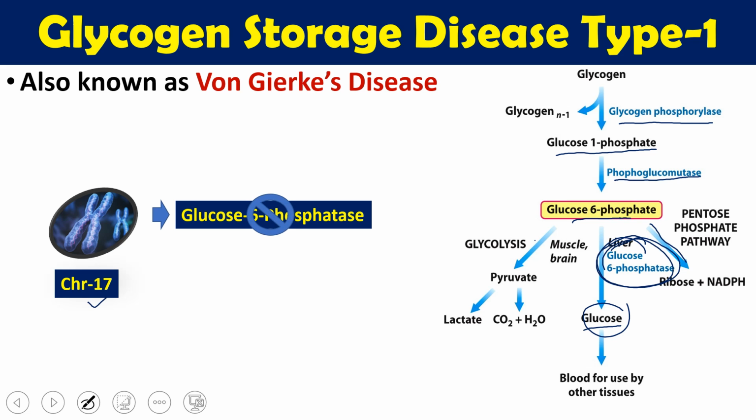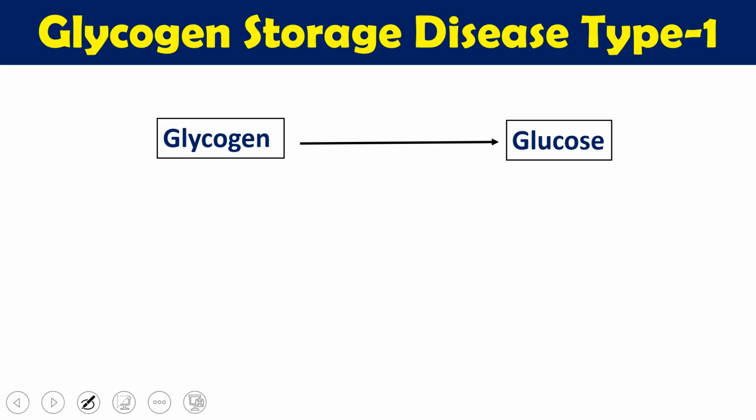In case of glycogen storage disease type 1 or von Gierke disease, this gene is defective, so the person does not have the glucose 6 phosphatase enzyme in their body. So they are unable to convert glucose 6 phosphate to glucose. This is the normal way glycogen is converted to glucose, by the enzyme glucose 6 phosphatase, but this enzyme is defective in this case.